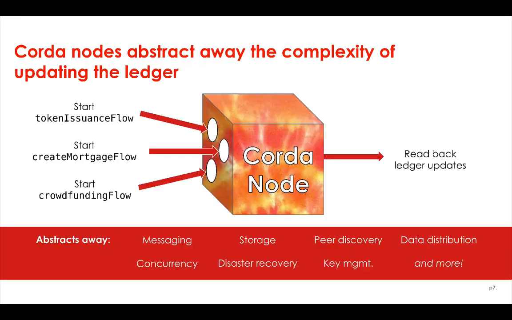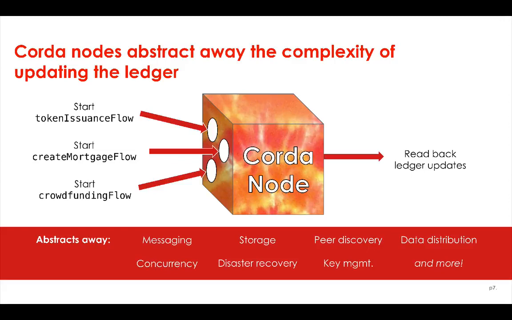What are these nodes that sit on the network? We can think of Corda nodes as magic blockchain boxes. They provide these user-defined flows that allow the node to perform some action, usually to update the ledger, with a single click. And they also provide the ability to read back data from the ledger to see the results of executing these flows.